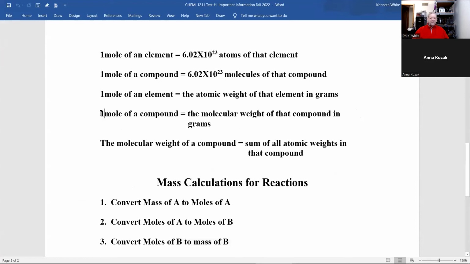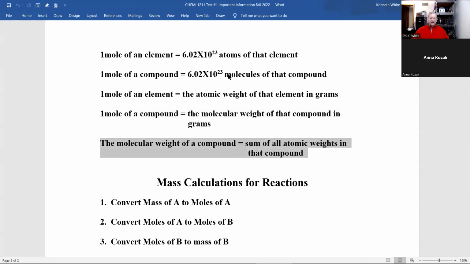From important information, test number 1, which will be the last 2 pages of your test when you take it next week. And here, 1 mole of a compound equals the molecular weight of that compound in grams, and the molecular weight of that compound is the sum of all atomic weights.